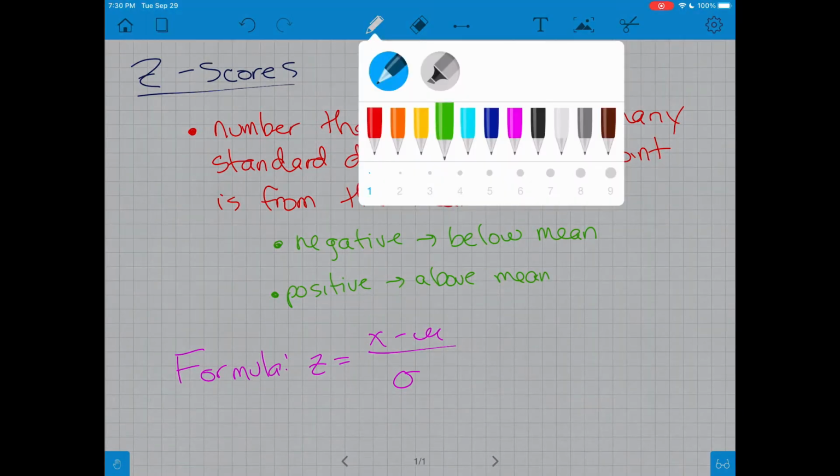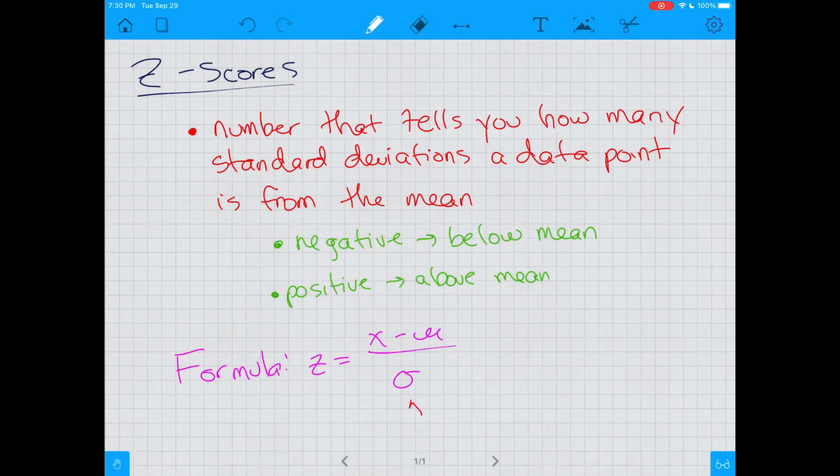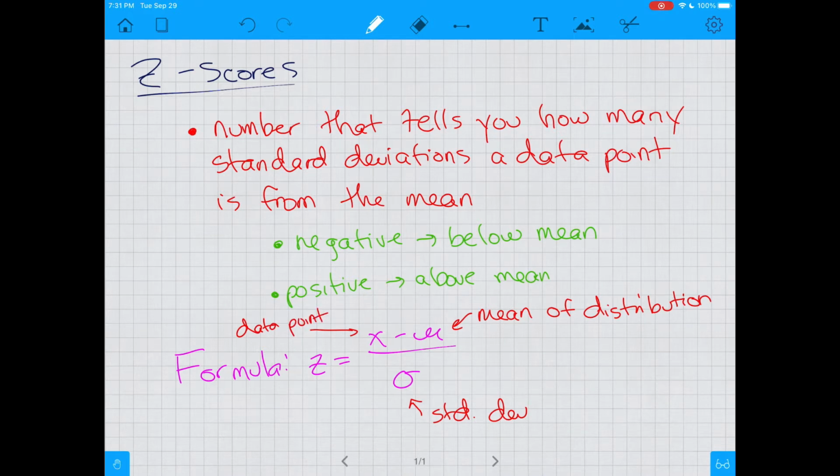Number one, we'll use red. Sigma, this is obviously your standard deviation. Mu, this is your mean of whatever your distribution is. And x, this is your data point. Right? So, that's all it is.